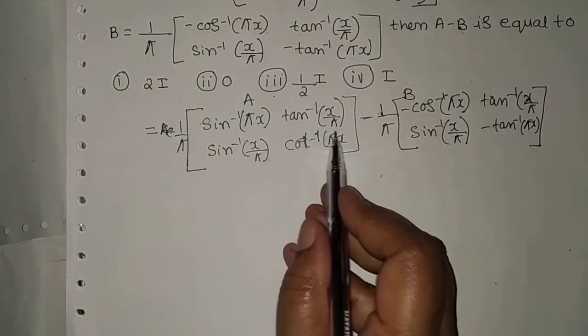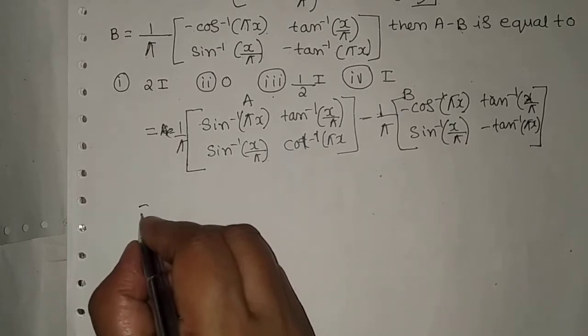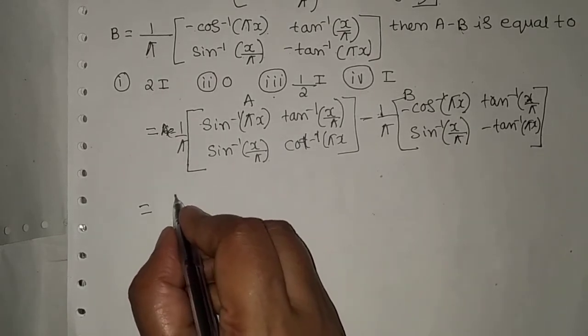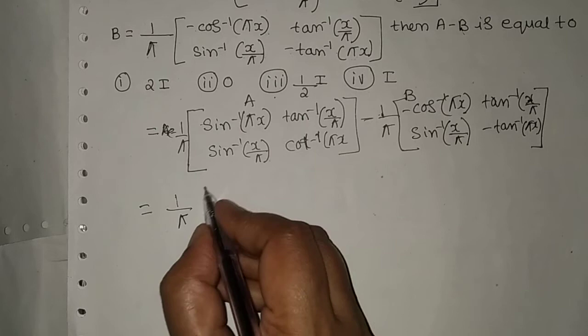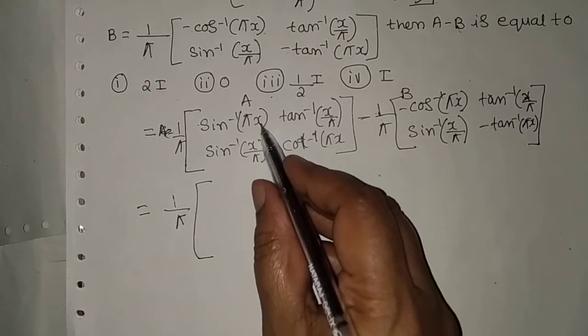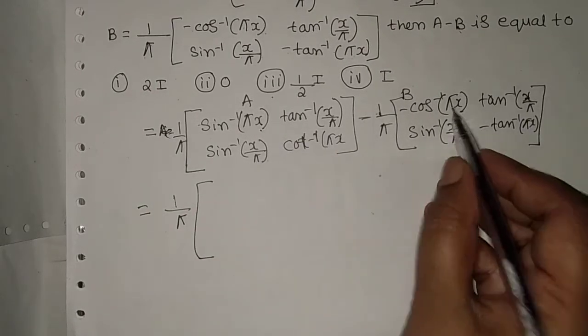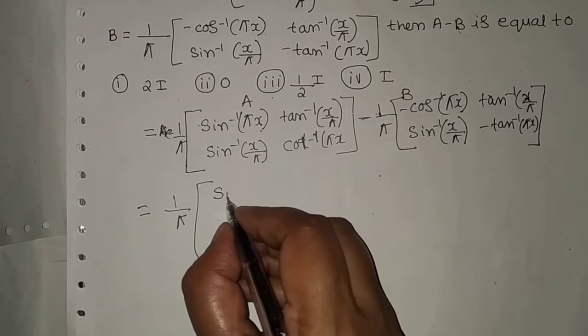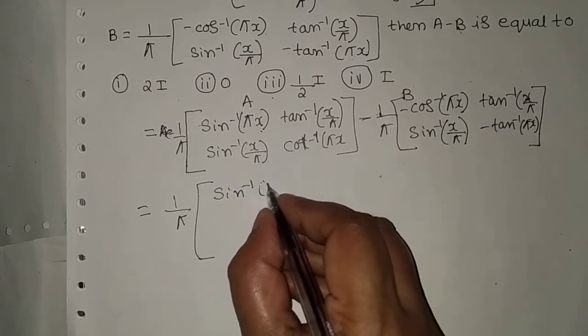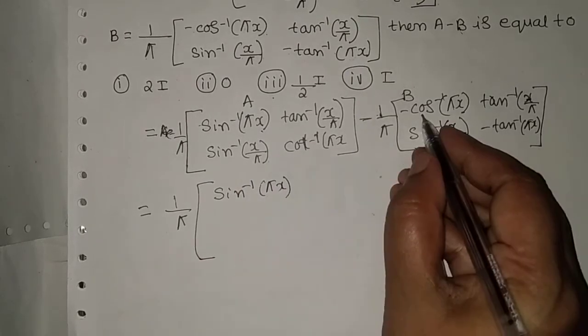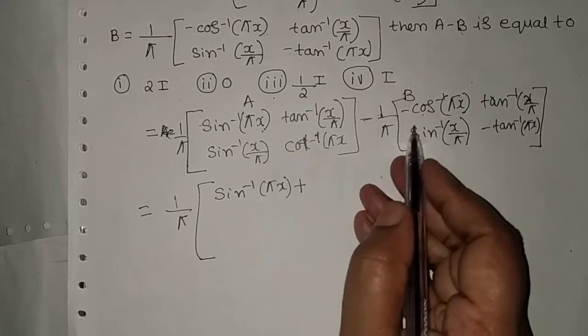Then we have to minus this. So what happens? 1 by pi. So this is directly A minus B. So what happens? Sin inverse pi x. Here minus is there, so plus comes here.